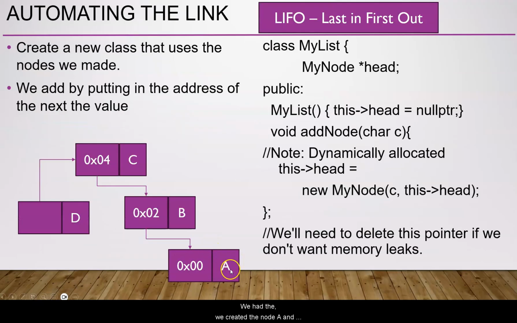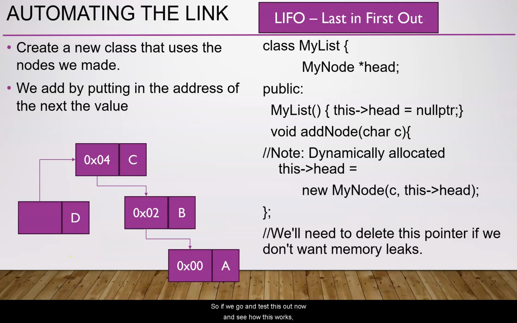We created the node A, and with the address, it had a null address at first. And then we created this B, and we're going to point this one to where the A node is. So that's what it's doing here, dynamically allocating, setting the head equal to the new node. And with the head, it's like, here, I'm going to make a new one, and in this spot, I'm going to put the address of the current location.